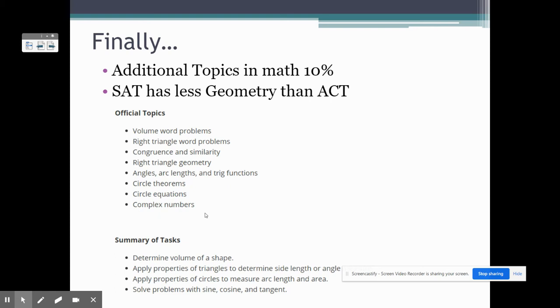So there might be more shapes on there than you're thinking. They claim it's only 10%. I think the 10% they're thinking of is probably circle stuff with secants or areas. But whenever you're actually finding angles, they're calling that algebra. Okay?